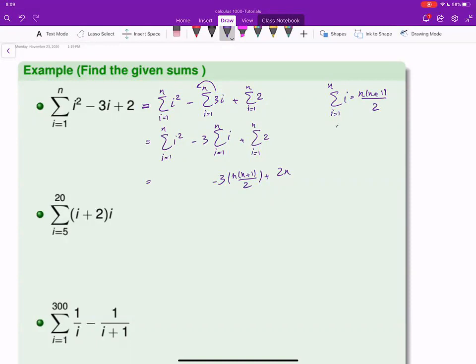And for the sum of i squared, the formula is something you have to keep in mind. This is n times n plus 1 times 2n plus 1 over 6. Okay?